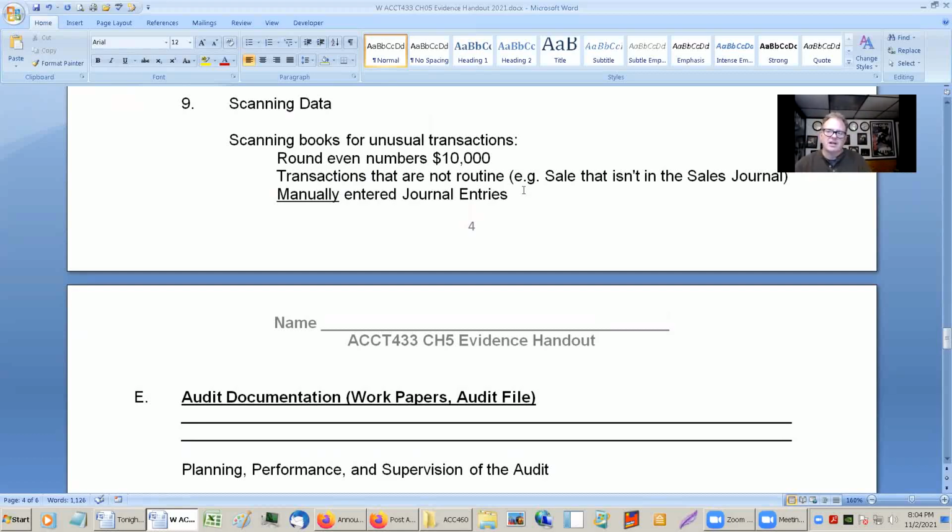But anyway, scanning the books, a significant amount of fraud is found that way. Looking through the books, looking for big round numbers, looking for things that are not routine, unusual things, negative sales, negative expenses, all those kind of things that are eye-opening. And then also manual entries, things that go around the systems and are put in there by individuals.